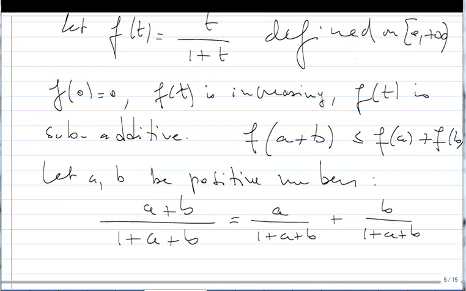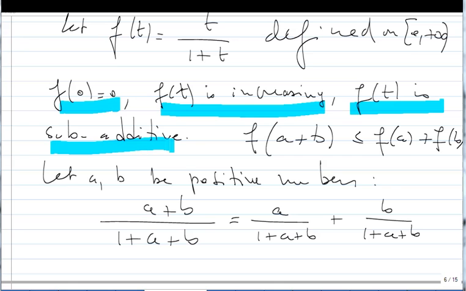So here, if x is any set, define the function d on x cross x into 0 to plus infinity in the following way. The distance from x to y is 0 if x equals y, and 1 if x is not equal to y.